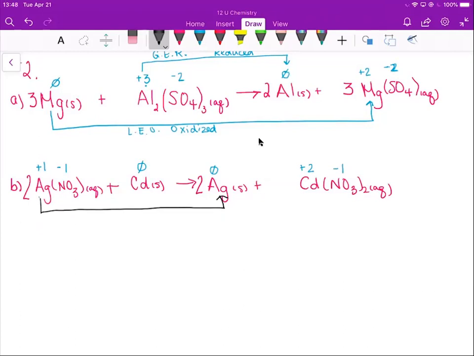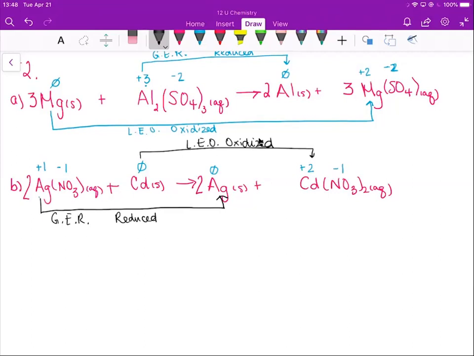So this one is going to be reduced, okay? So it's gaining electrons. It's going from +1 to 0, so reduced. Whereas cadmium will be losing electrons. This is oxidized. Okay, so the more reactive metal in these single displacement reactions is always going to be the one that gets oxidized. So that's number 2 and number 3 taken care of.